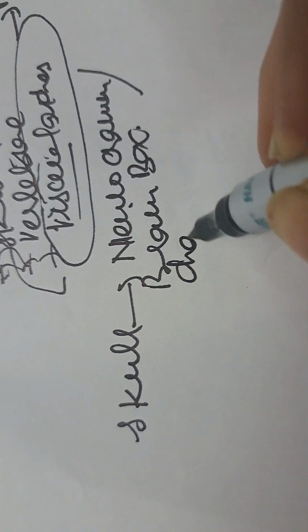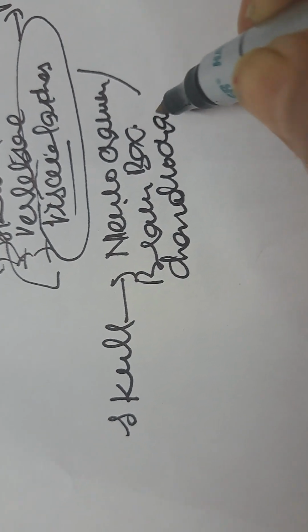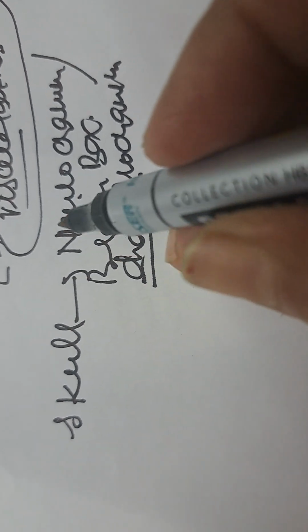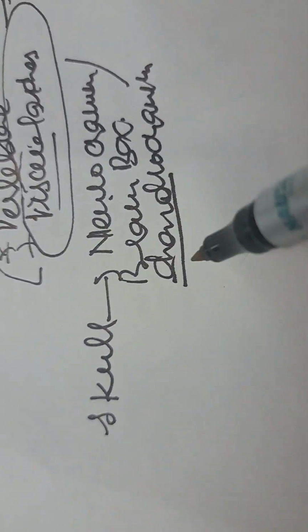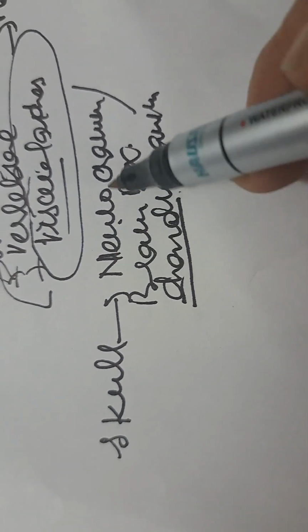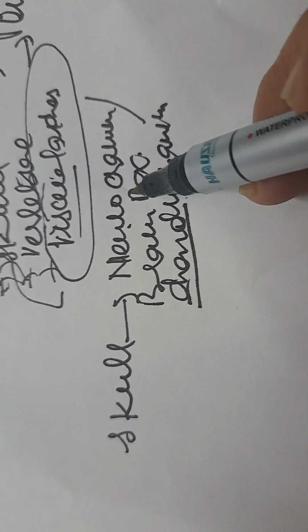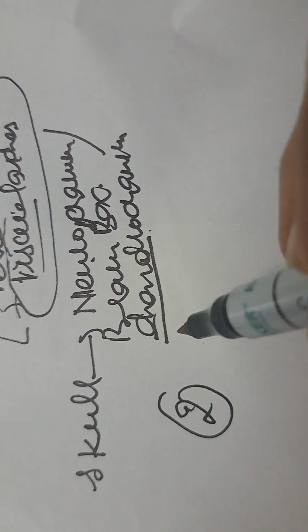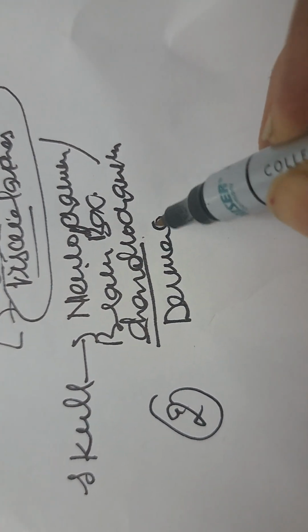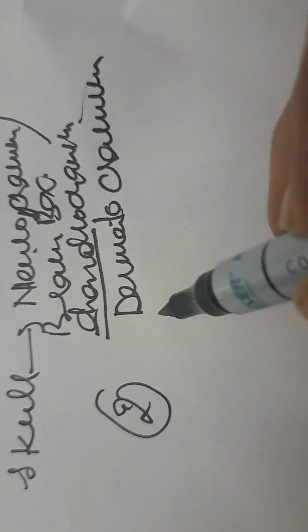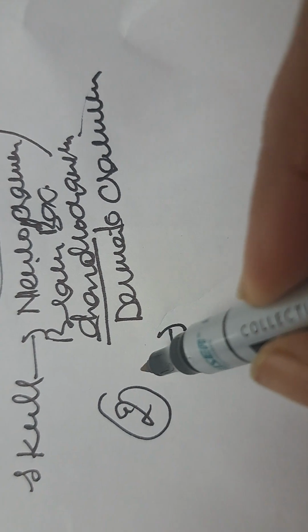It is the part of the skull where the brain is housed and lined by cartilaginous covering, hence chondrocranium. The second part is the dermatocranium, that lines over the chondrocranium with dermal bones.